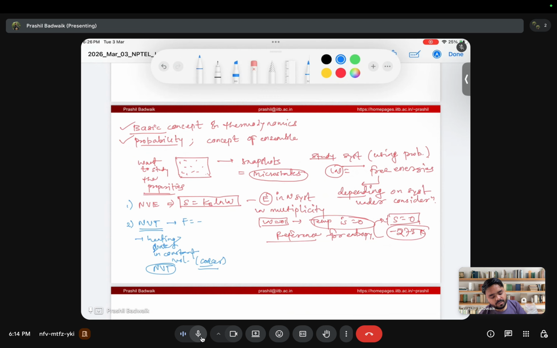For this we know it is kBT ln of Q NVT. For each of such systems, we calculated what is the free energy, right? So this is a relation.